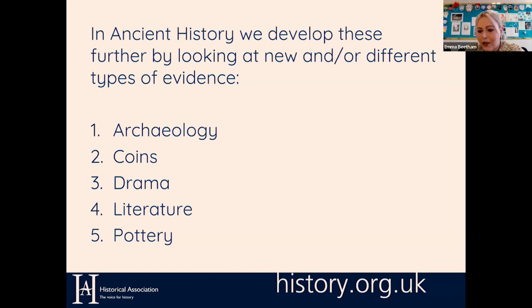That is a slight change over an A-level. So we do look at a lot more archaeology, so buildings, temples, scriptures, etc. in buildings, coins, drama, literature, and pottery. So it's using those skills that they've already acquired and just adapting it to different parts of evidence.